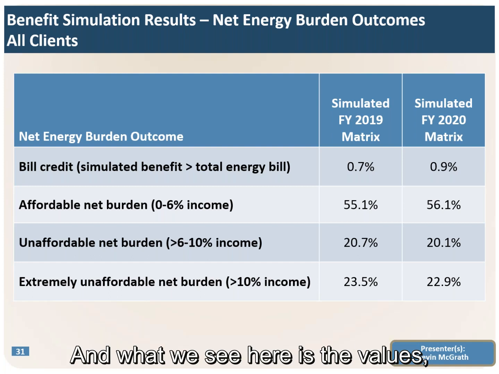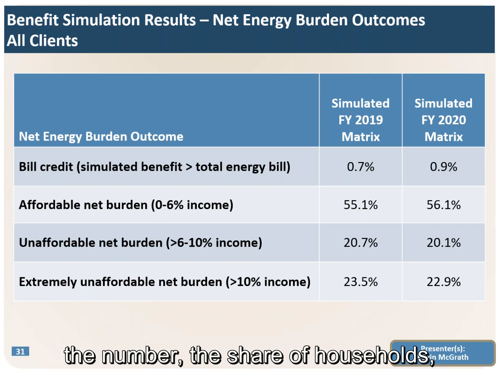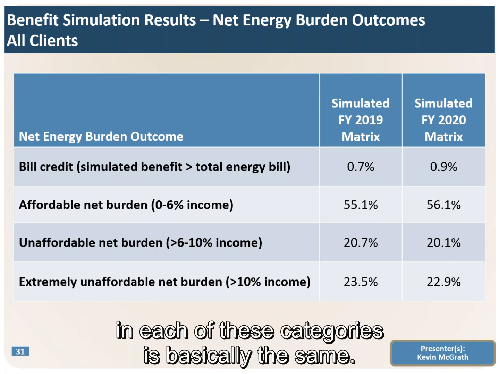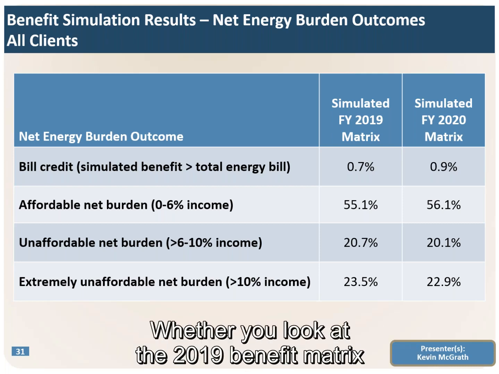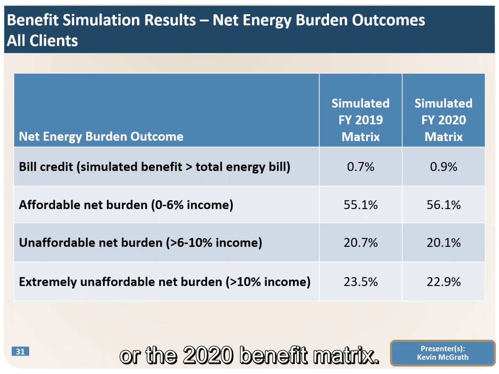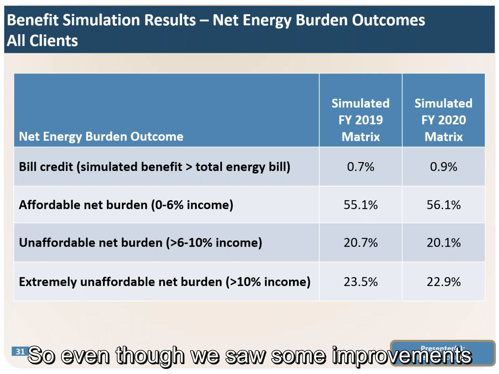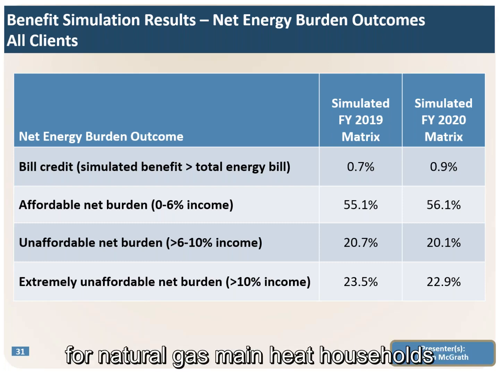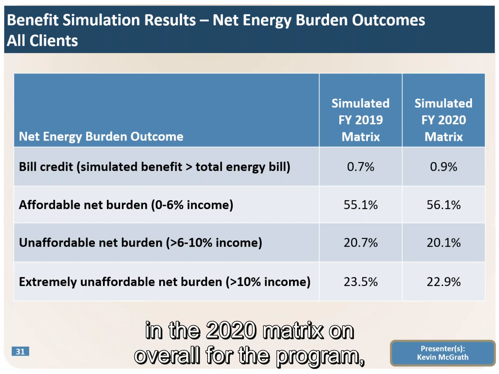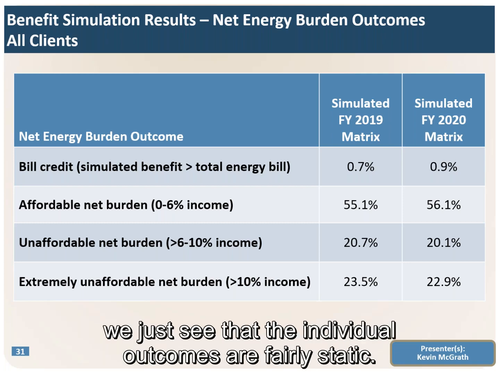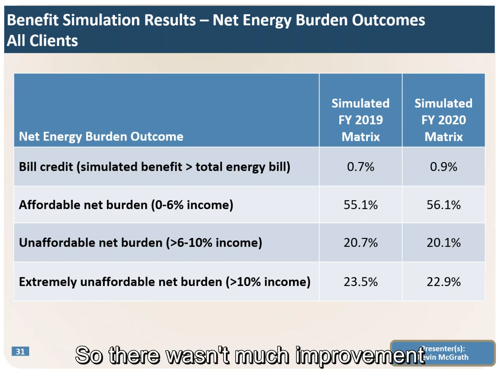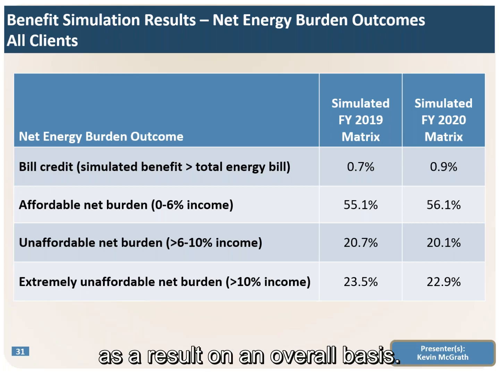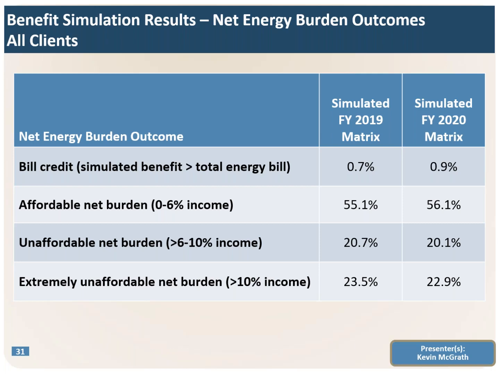And what we see here is that the share of households in each of these categories is basically the same, whether you look at the 2019 benefit matrix or the 2020 benefit matrix. So even though we saw some improvements for natural gas main heat households in the 2020 matrix, for the program overall, the individual outcomes are fairly static. So there wasn't much improvement on an overall basis. Next slide.